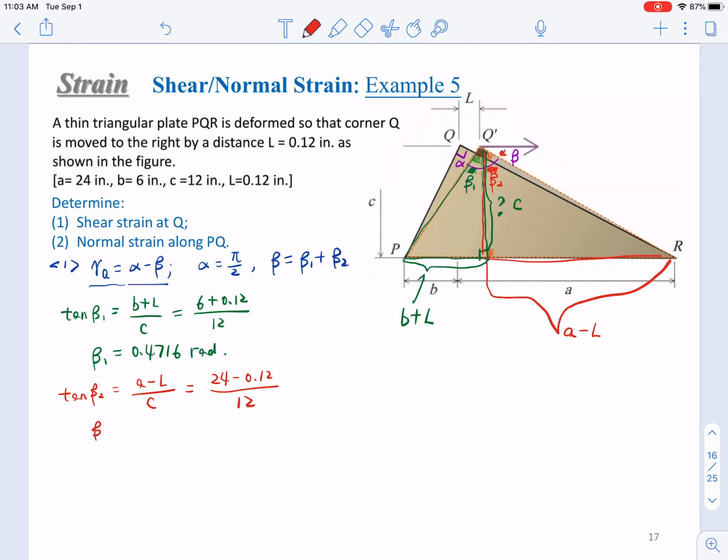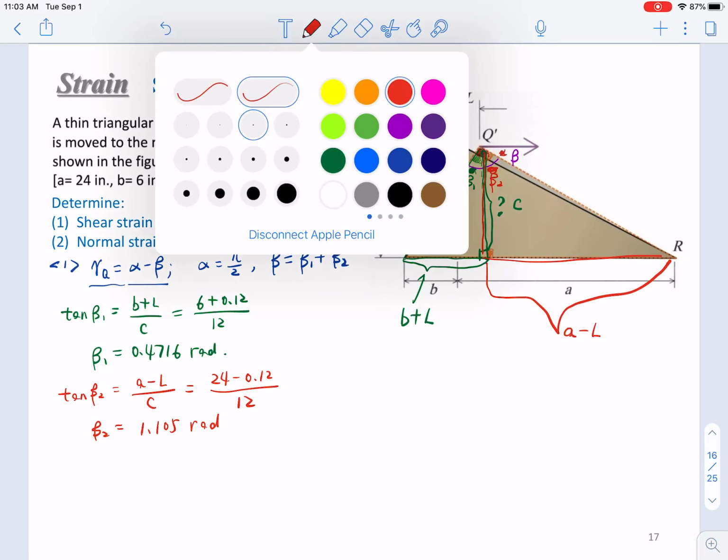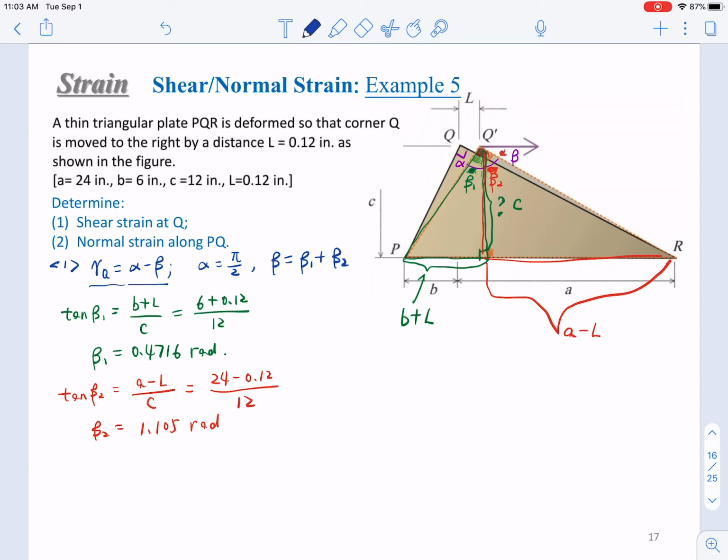So beta 2 can be calculated as 1.105 radian. Now we can calculate beta. The angle after deformation equals beta 1 plus beta 2.